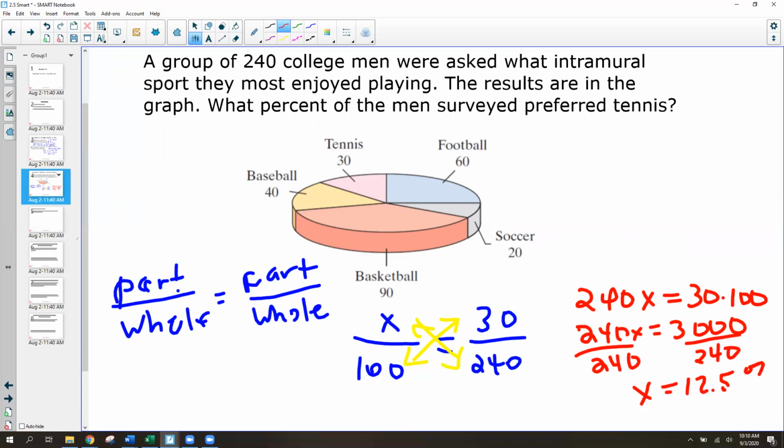It's 12.5%. Okay, so when you do that actual calculation, you do 3,000 divided by 240. You get the percent as the answer. Okay, it's already in percent form, so you don't need to move the decimal.